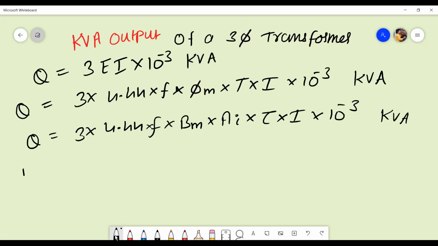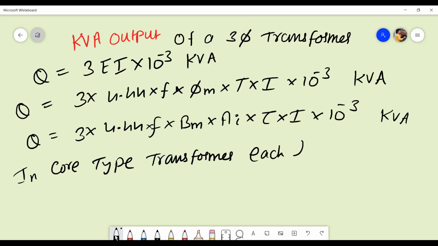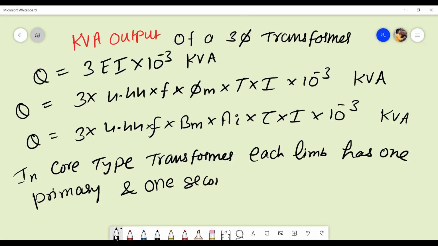And you should remember that in a core type transformer, each limb has one primary and one secondary winding wound on it.